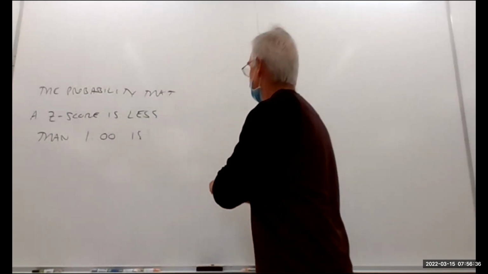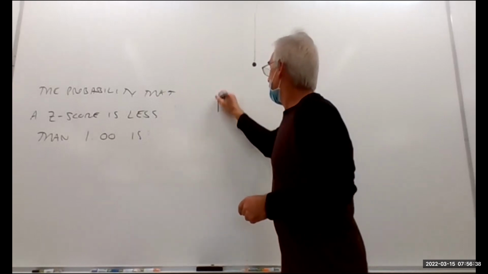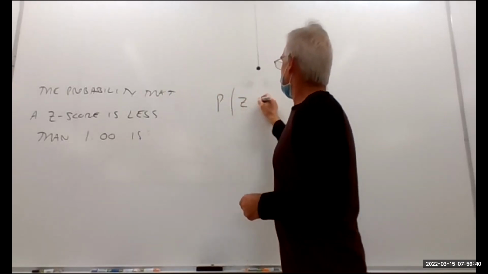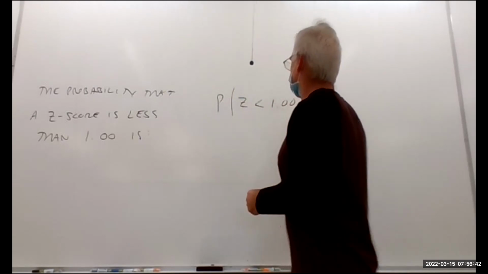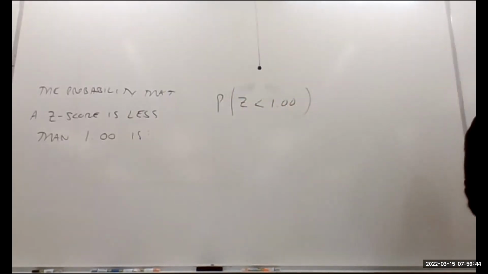We write it like this, okay? We write probability Z less than 1.00. We write it that way. And we always give the decimal places. We don't round Z-scores except to the second place, because a Z-score of 1.00 is not going to be the same as 1.01 or 1.02 or 1.03. So we say 1.00 to make sure we're looking at the correct number.